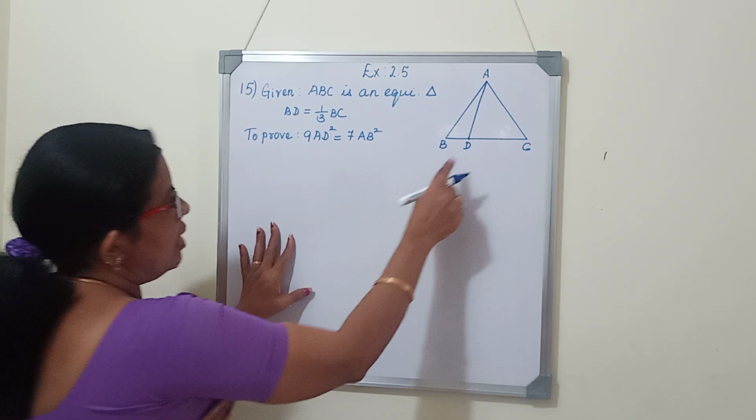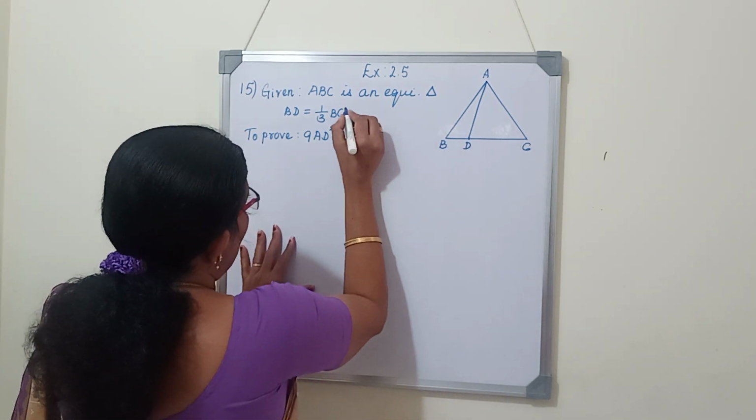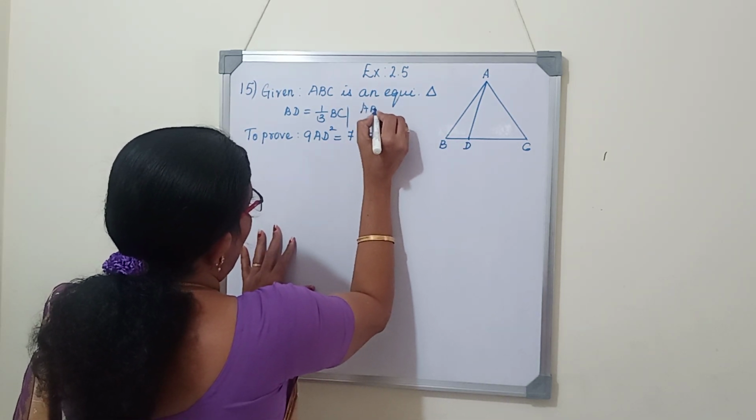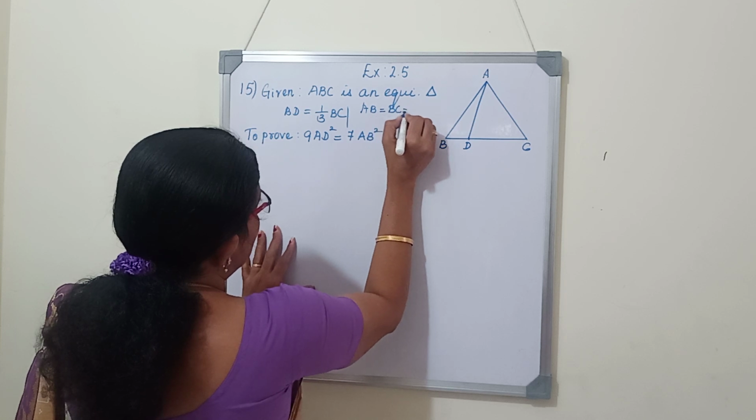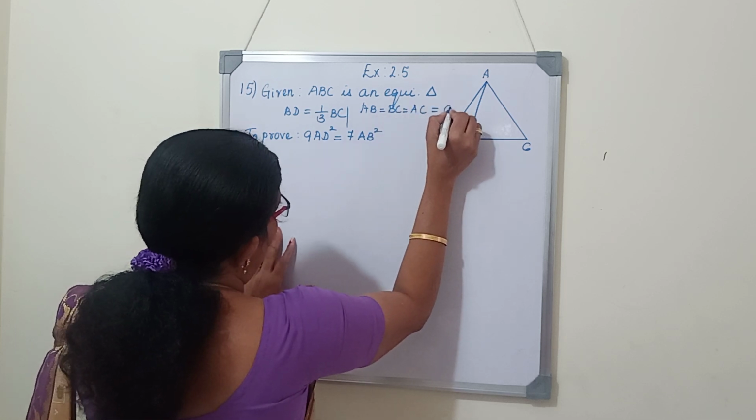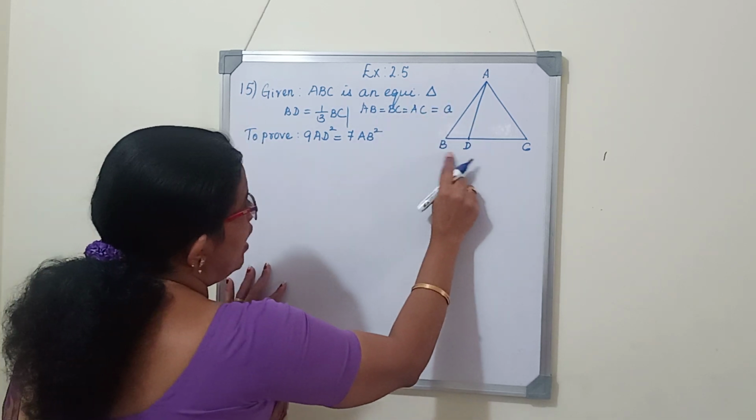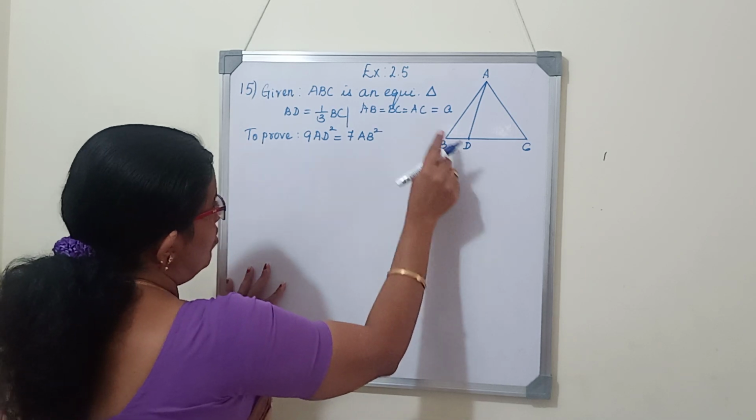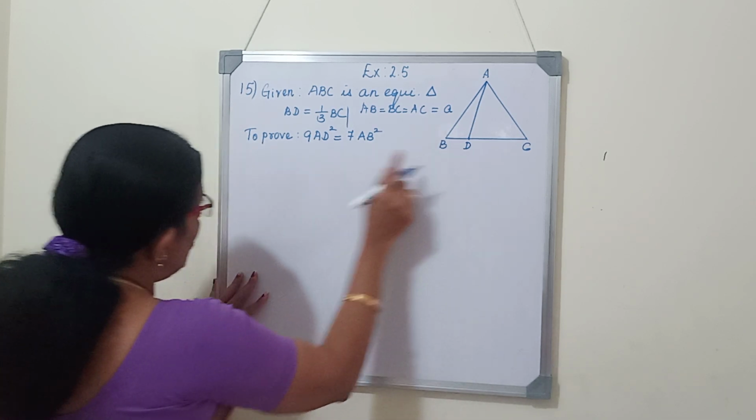So as ABC is an equilateral triangle, you know that all the sides are equal. AB equals BC equals AC equals A, we will write. And BD is 1/3 of BC. Now, proof.